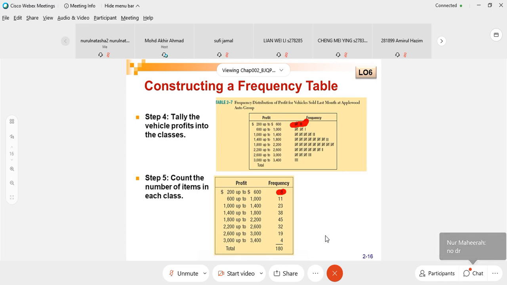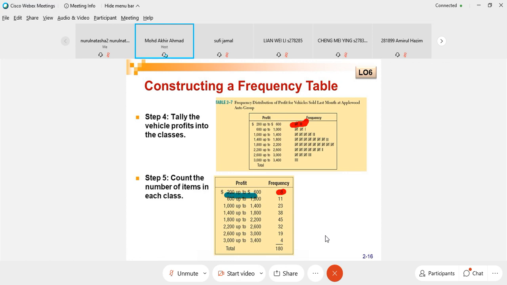Okay, this one kita mula-mula kita akan count tally, kita akan guna this stroke. Contohnya bila kita ada 1, kita akan tekan 1, 2, kita akan tekan 2, 3 dan seterusnya macam ni lah. 3 dan 4. So dia become macam ni.